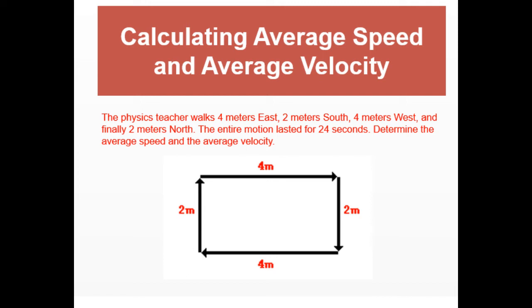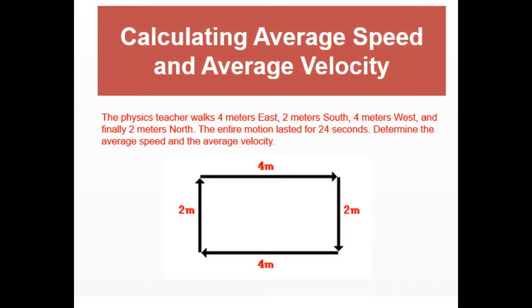However, when we compute the displacement, the teacher has zero displacement, because she went back to her original position. So the teacher's average velocity is 0 meters per second, because velocity is displacement over time.